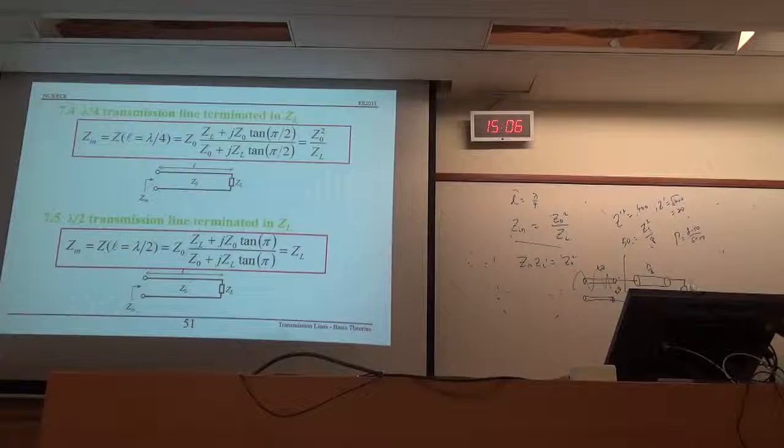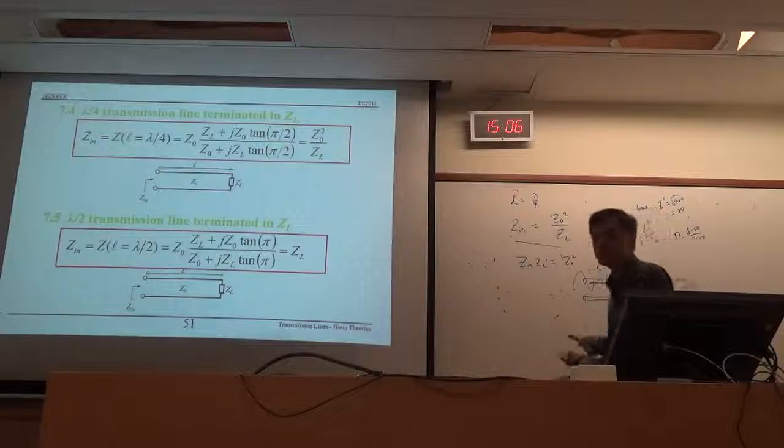Because if this is 8 and this is 20, my Zin here will be 20 squared divided by 8, equal to 400 divided by 8, equal to 50. So I get 50 and then 50, no reflection.